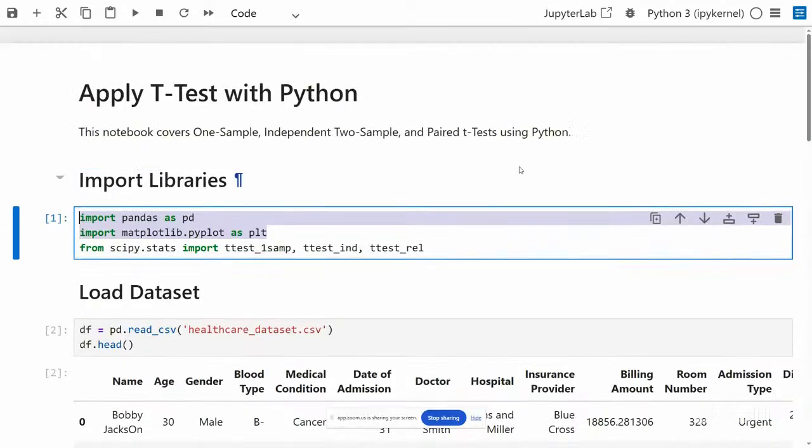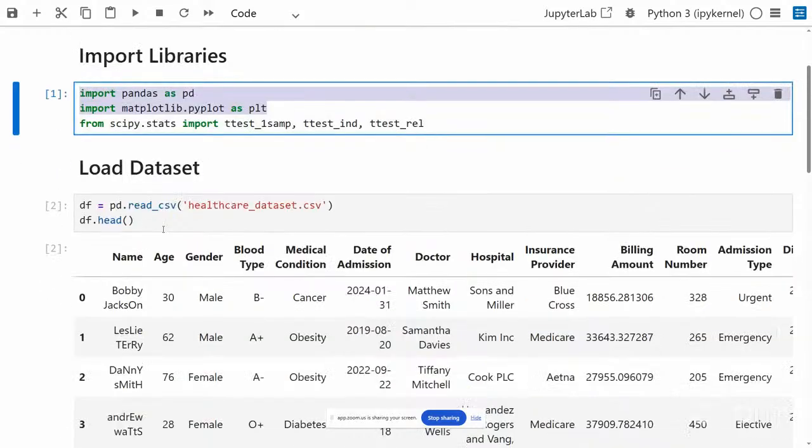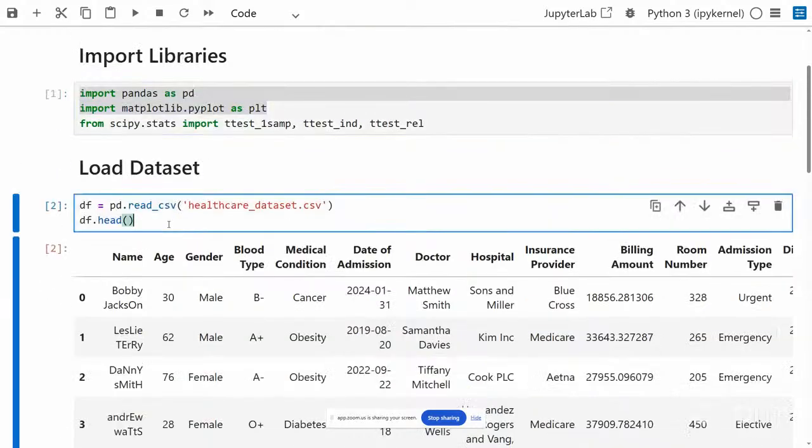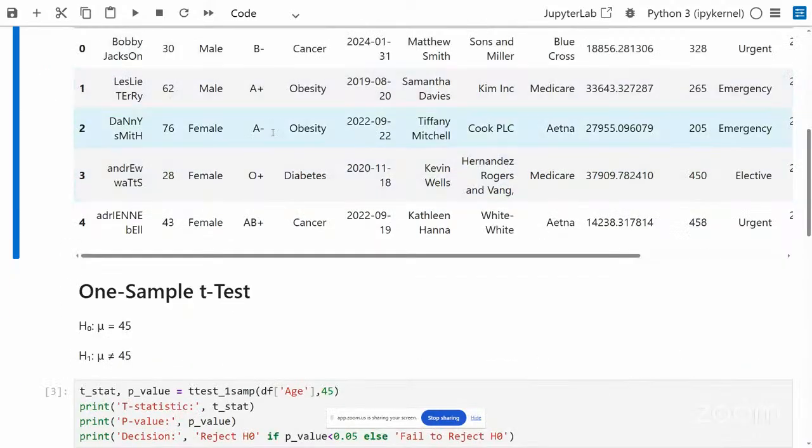According to our data set, we first import the data set, because we are using a real data set, healthcare dataset.csv.